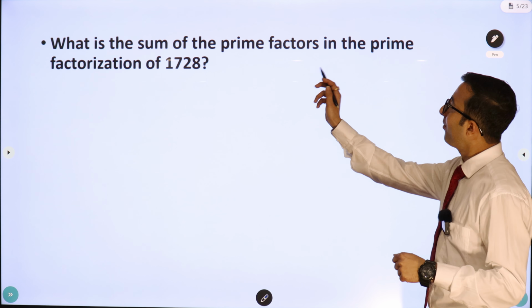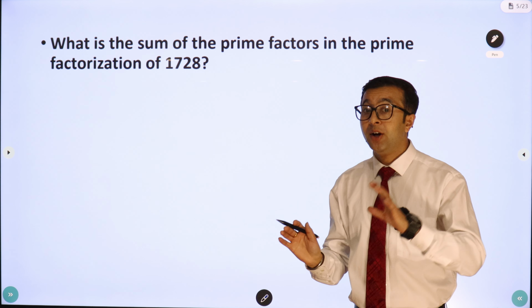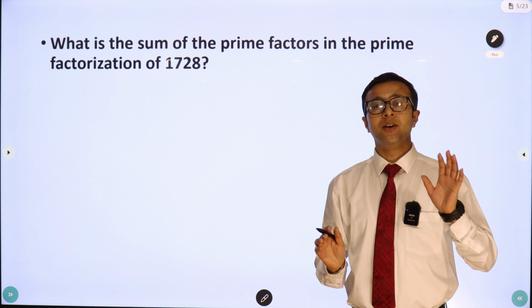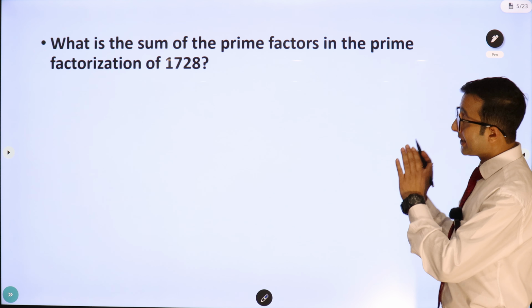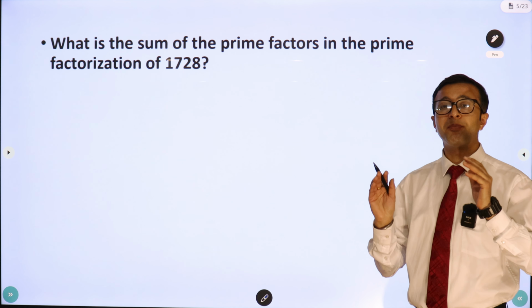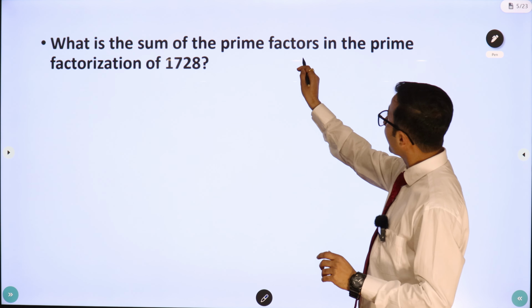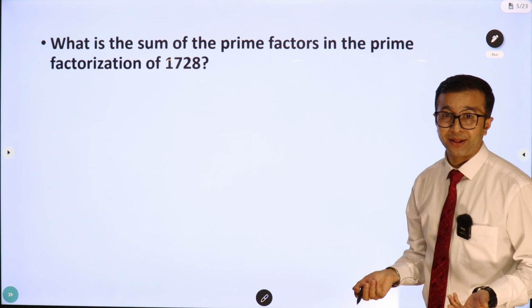It says prime factorization. This problem is related to the fundamental theorem of arithmetic. So first मा हाम्रो काम चाहिँ के हुन्छ भन्दा चाहिँ 1728 लाई प्राइम फ्याक्टराइजेसन गरेर त्यसमा भएको प्राइम फ्याक्टरको सम कति हुन्छ भनेर भन्दैछ.